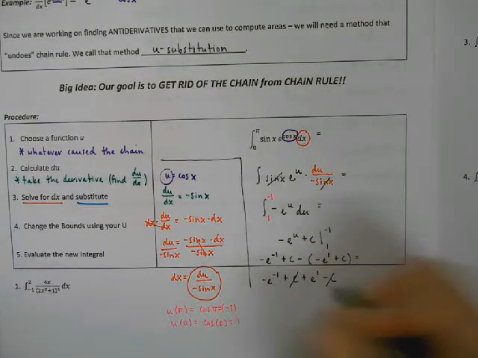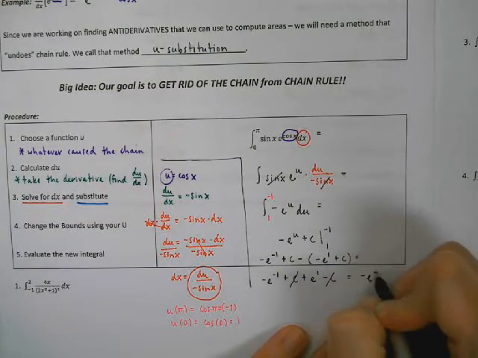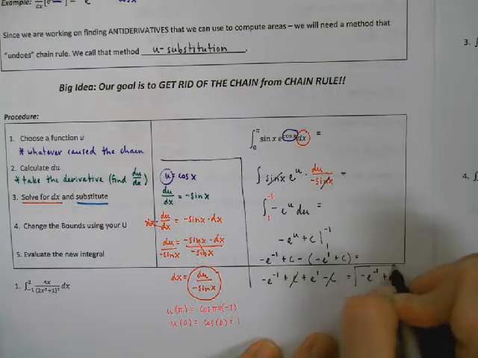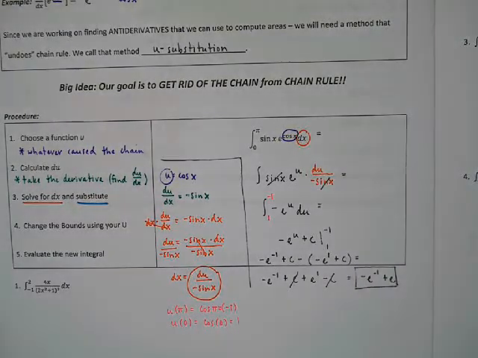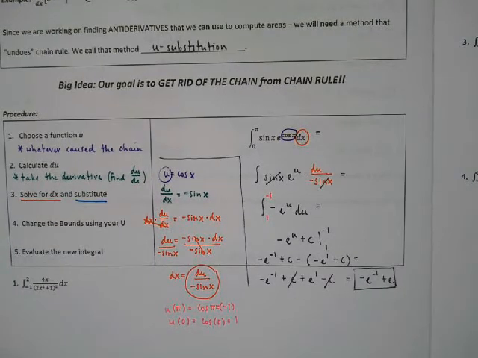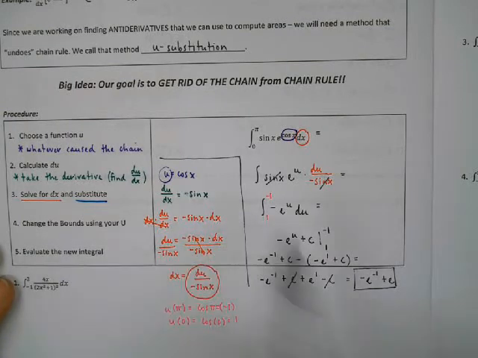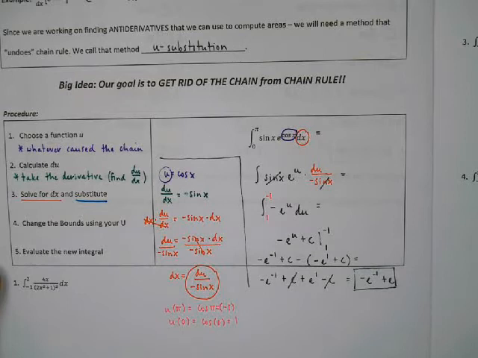My c's are going to cancel, and I get negative e to the -1 plus e for the value of my integral. So again, these steps from here down haven't changed at all. It's all in the process of selecting the u and doing your substitutions.